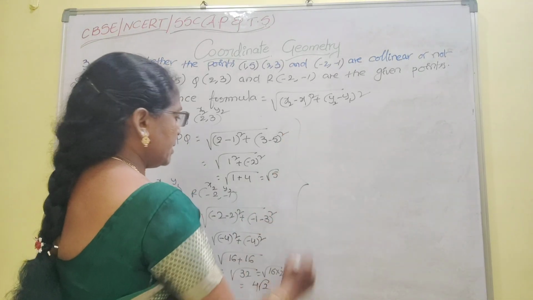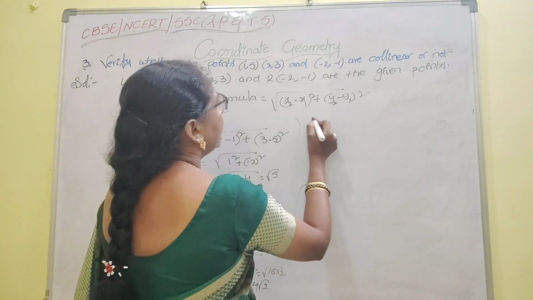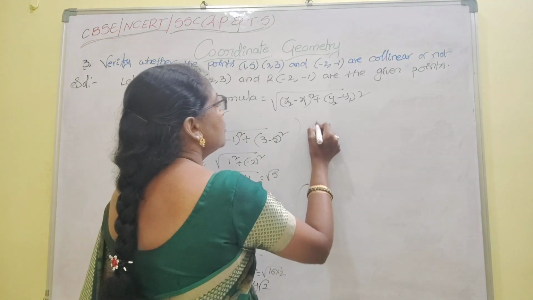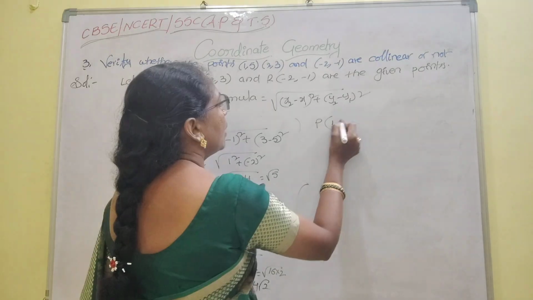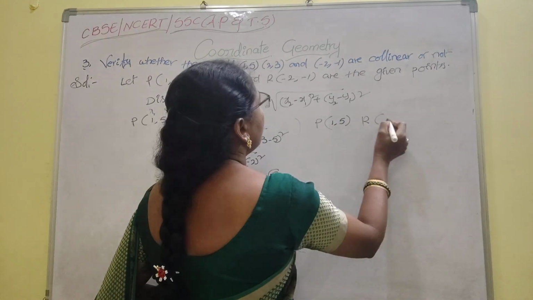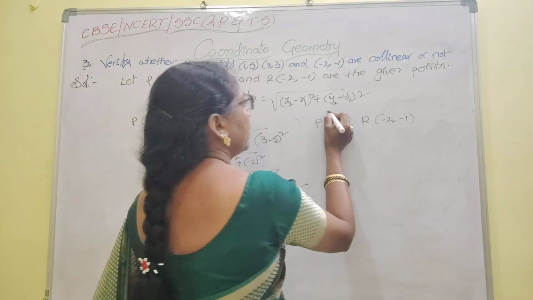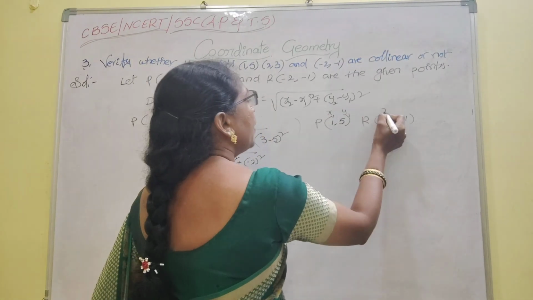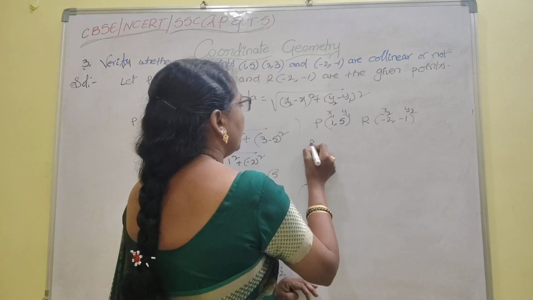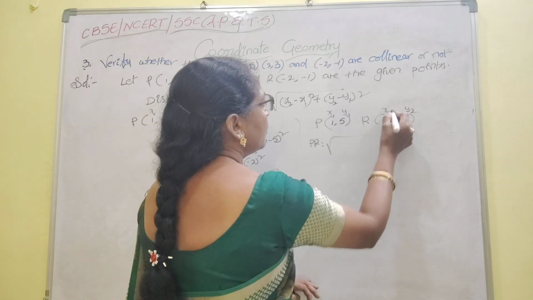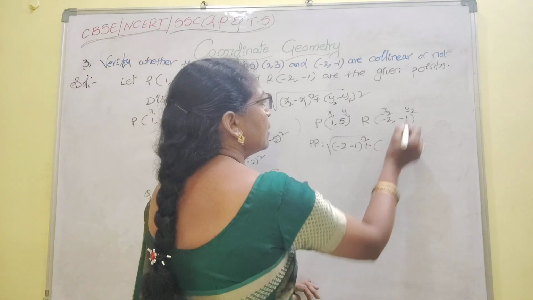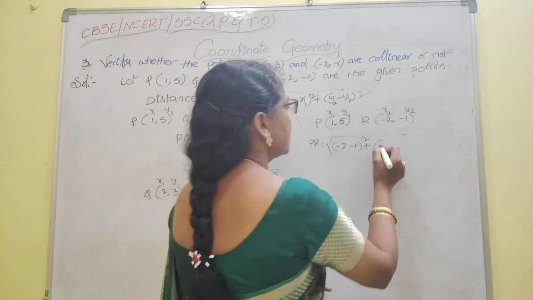And the third one is PR. You can take either RP or PR. P is (1, 5) and R is (-2, -1). Again assume x1, y1 and x2, y2. The distance PR equals the square root of (-2 minus 1) whole square plus (-1 minus 5) whole square.